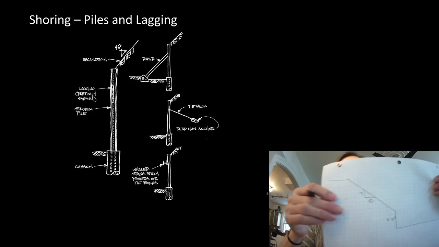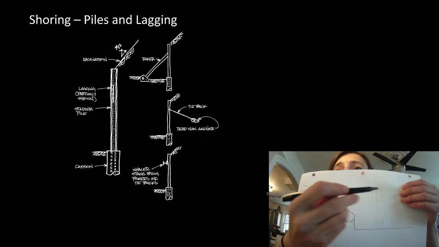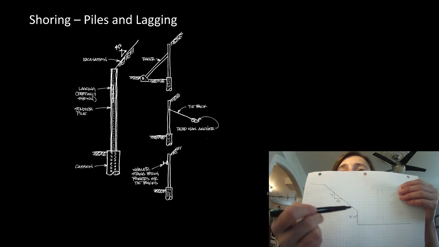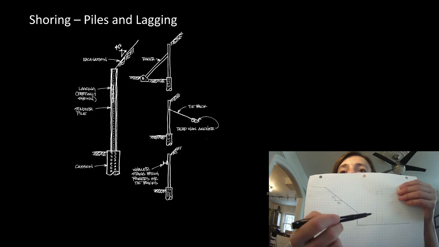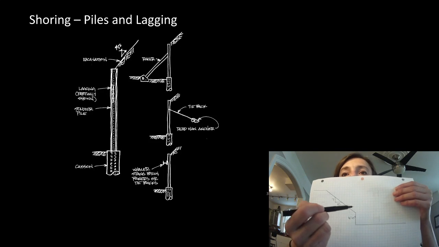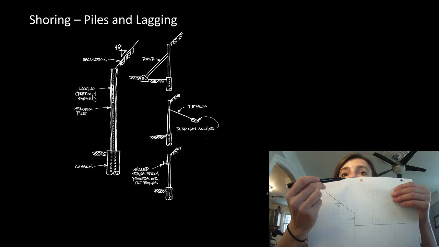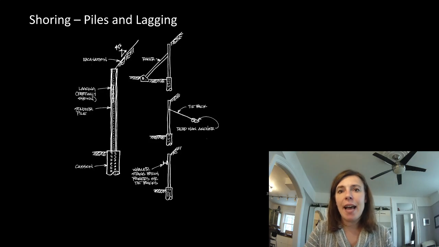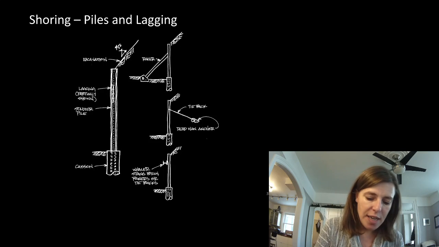So to give you a sense of that, if this up here is grade, and this is where our building is going, we can excavate 4 feet, no problem, but then we need to slope back at a 7 to 10 slope. If our property line for those big buildings we do is right here, and we need to excavate down 8 meters, let's just take a look at that.